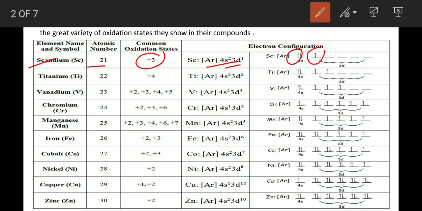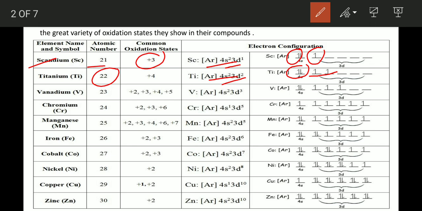Titanium. When we discuss titanium, its electronic configuration is 4s2 and 3d2. Here are 2 unpaired electrons. Because of that, it can show +2 as well as +3 and +4 oxidation state. +2 is the common oxidation state.